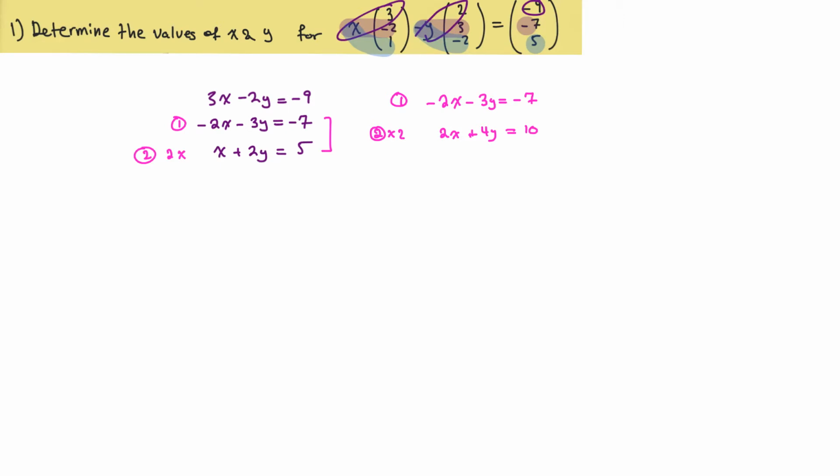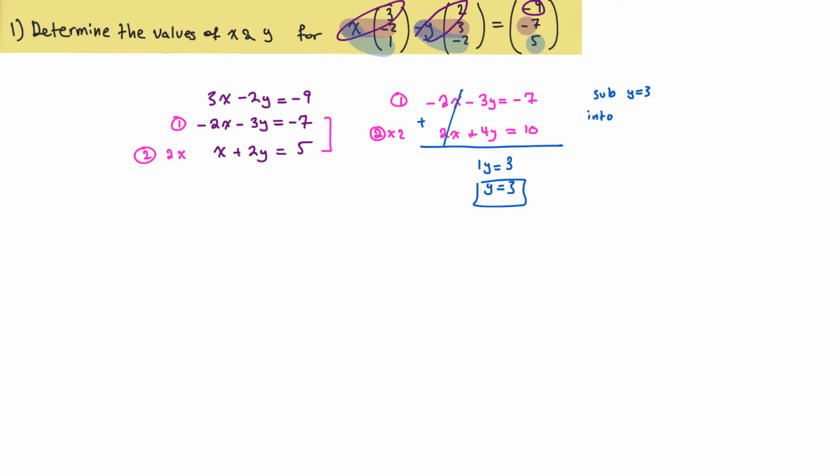Once I have these, I'm going to use elimination. I'm going to add everything together. These two cancel out. I get 0, and I get 1y is equal to 3. So that means y is equal to 3. Then I am going to substitute y is equal to 3 into one of the equations. It doesn't matter.